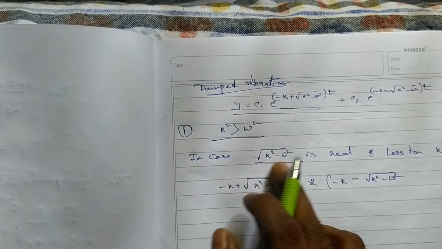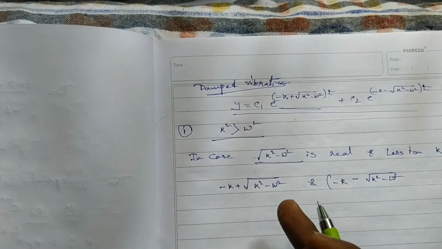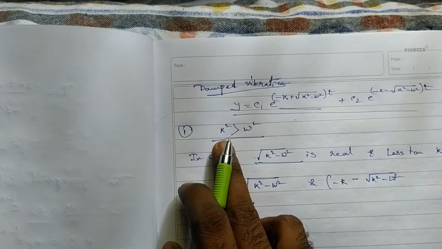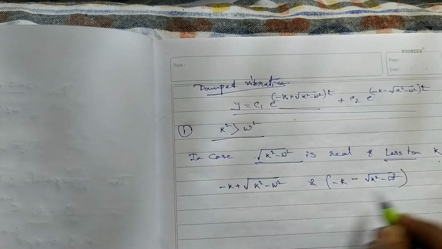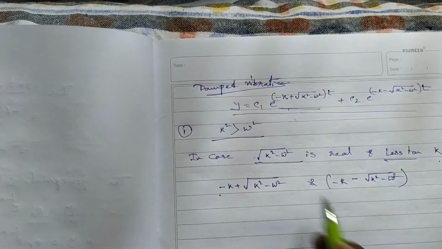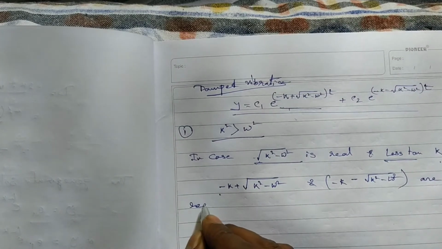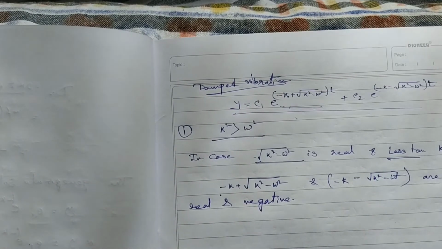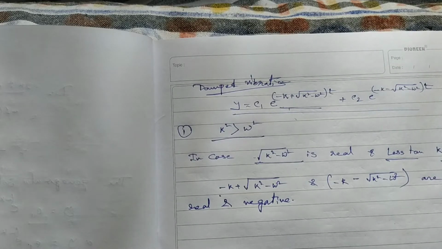That means this term cannot become root under minus 1, so it does not become imaginary. So this term is always real if k square is greater than omega square, and obviously it is less than k, that means the two exponential terms are real and negative. It means that the displacement y of the particle continuously decreases with time.